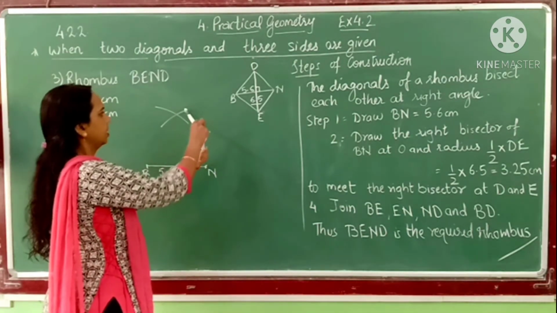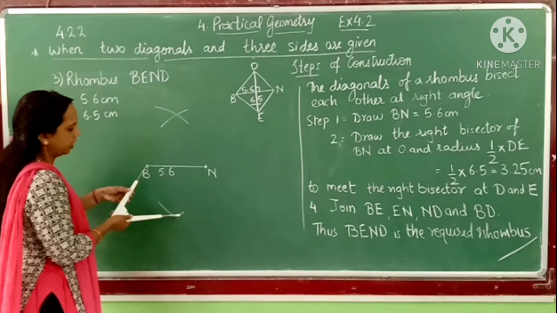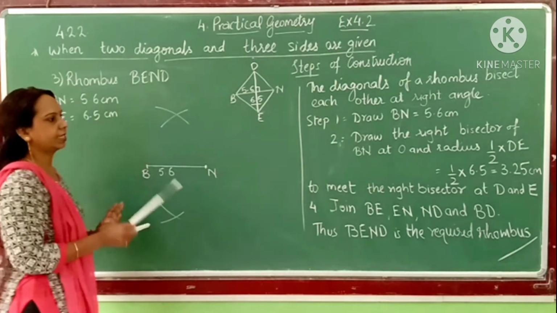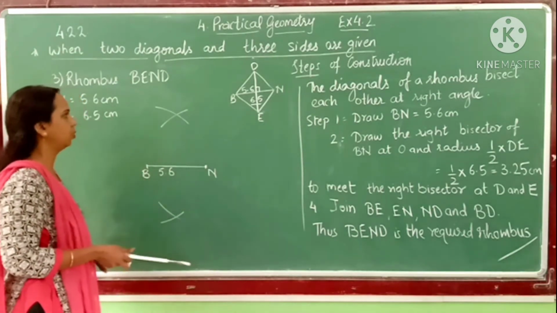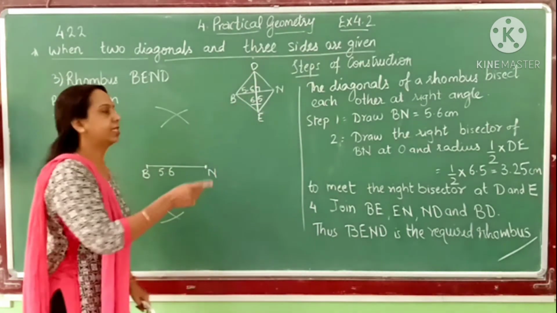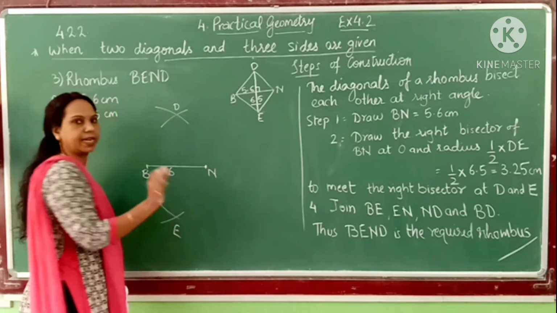Okay, again we will draw one arc, and with the B also we will draw here an arc. Okay, now this is a perpendicular bisector what we have taken. Now what we will do, our total measurement is for DE. Okay, this is our point where we got here D and E somewhere randomly we have taken.